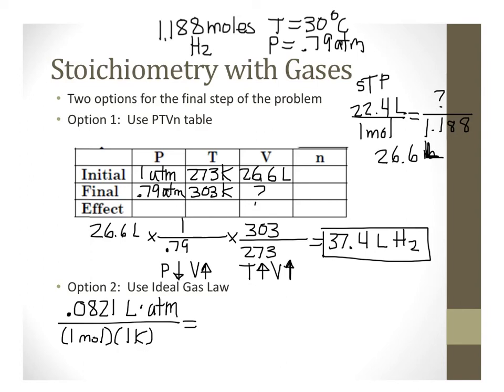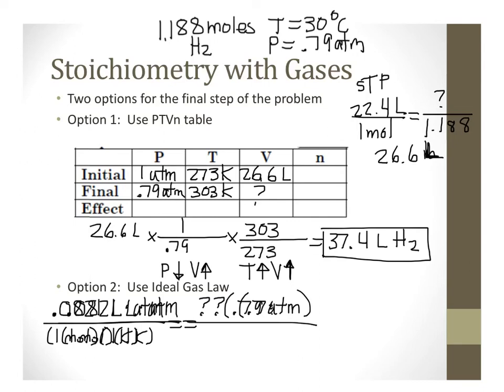So we do not know volume, that's what we're trying to figure out, but we know that the pressure that we want is 0.79 atmospheres. And we know that the moles that we have are 1.188 moles. And we know that the temperature we want is 303 Kelvin. So we're going to do some fancy algebra here. We're going to cross multiply.